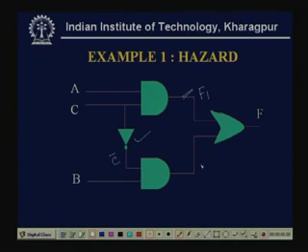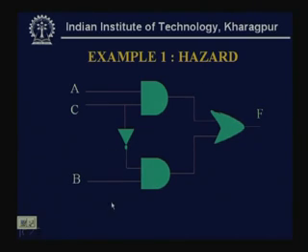So, F2 will be there, but when F1 is available, some signal value is available in this line, the second input of the OR gate. Whether it is a correct F2 or not, we will see, and if it is not a correct F2, then it will give a problem, and that we call the hazard of the circuit.